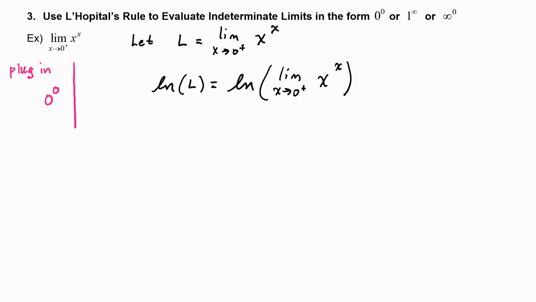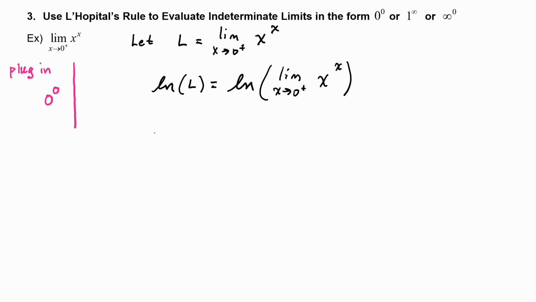Now, because natural log is a continuous function, it doesn't matter whether we take the natural log of the limit or the limit of the natural log. We can do it in either order. So we choose to reverse the order and do the limit first and move the natural log inside.